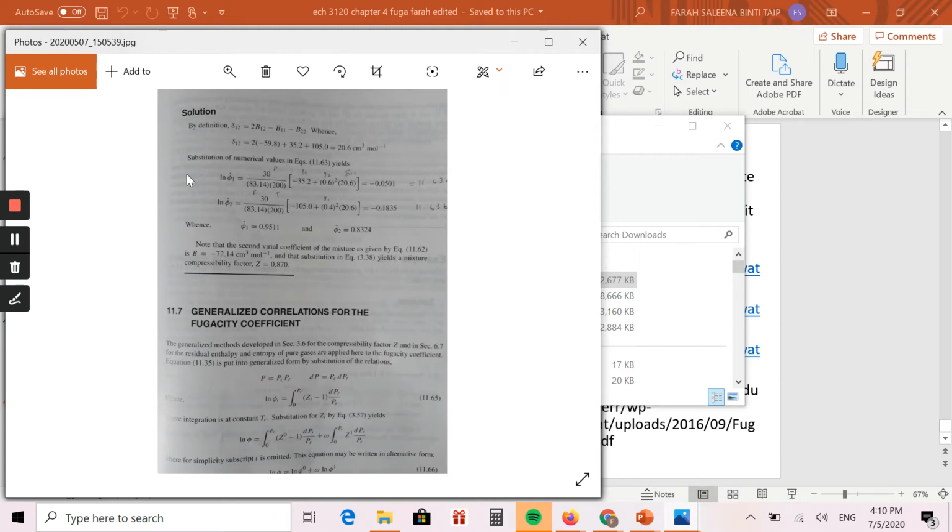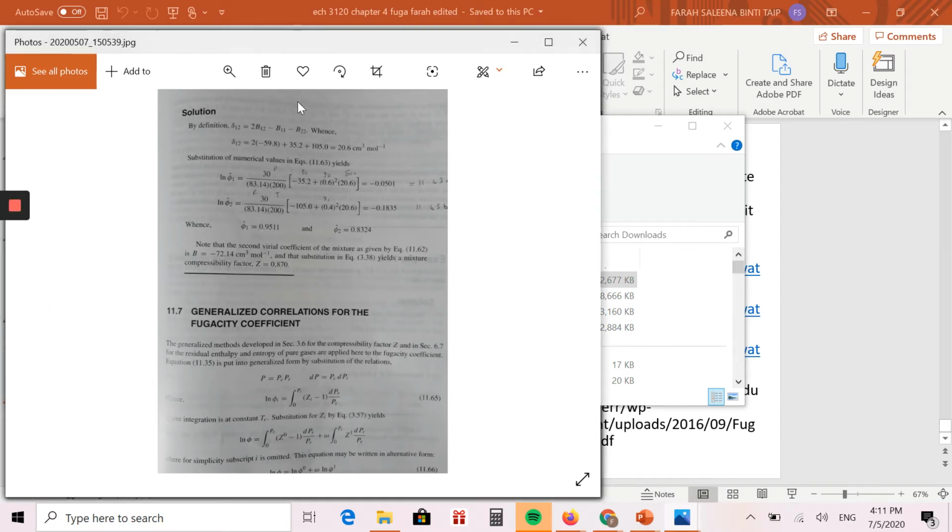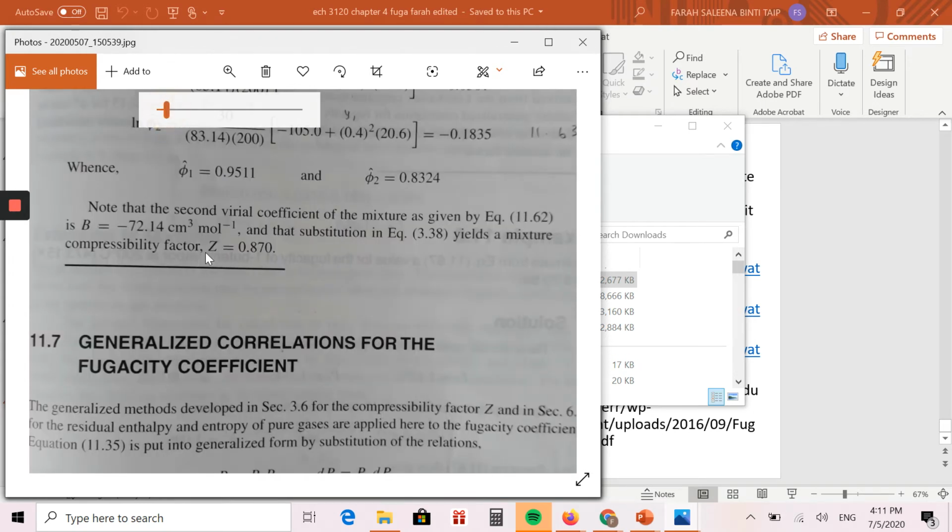So it's quite straightforward when you are asked to use equation 11.63. And you can also use equations 11.63a, 11.63b. So by the definition, if you look at this, right.